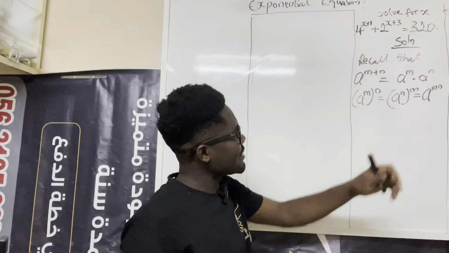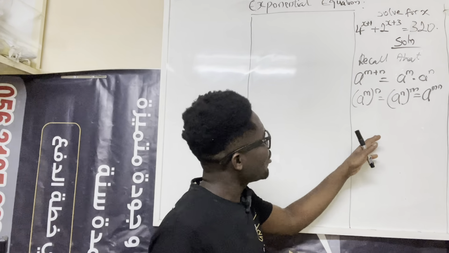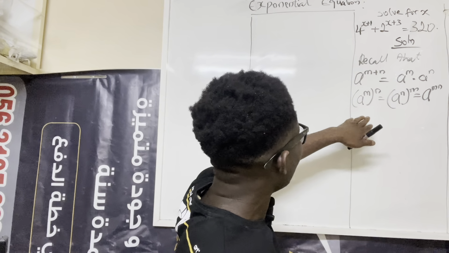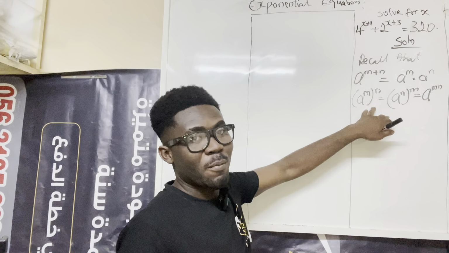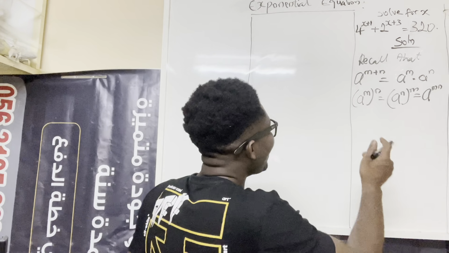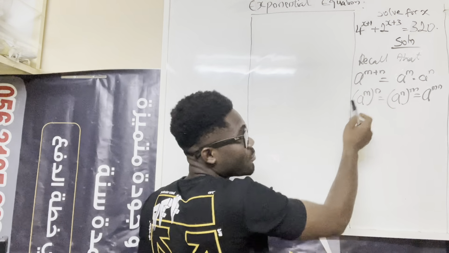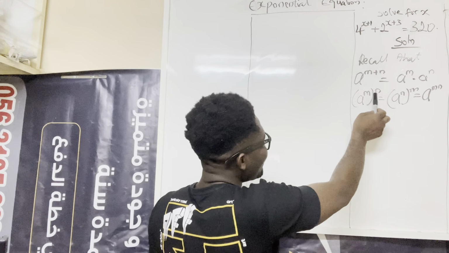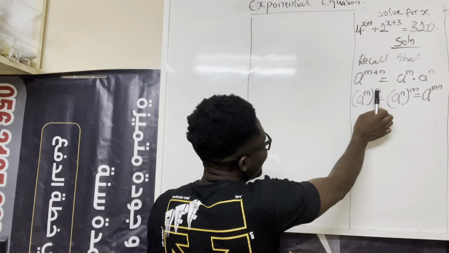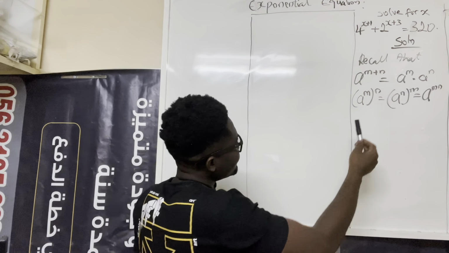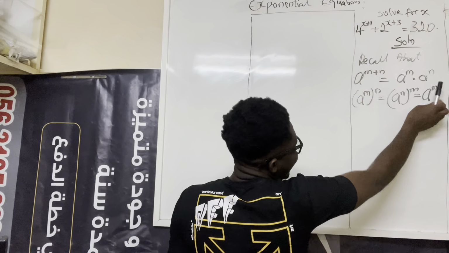According to the law of indices, under numbers with double powers, you need to combine the two powers using multiplication. Combine these two powers using what? Multiplication. That will say that m multiplied by n will give you mn.